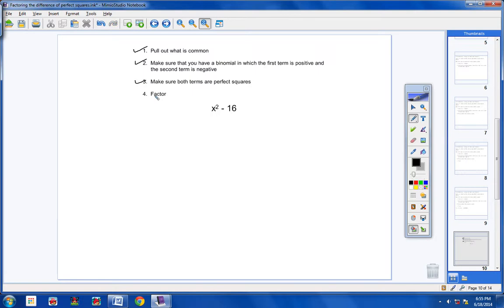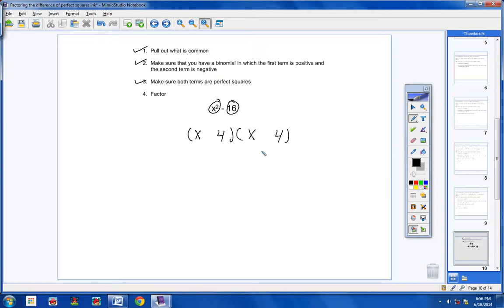So now we factor. And there's really no steps to give you on the factoring part. It's just memorizing this procedure. You put two little parentheses. In your head, you take the square root of this. And the square root of your first term is x, so you put an x here and an x here. Then in your head, you take the square root of this term, which is 4, and you put that here, and you also put it here.